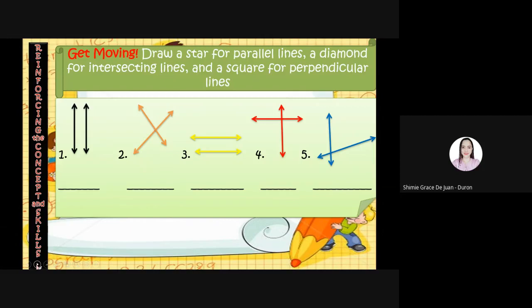For number 1, what is that? Number 2, number 3, number 4, and number 5. Okay. Are you done, kids? Okay, we will check your answers later.